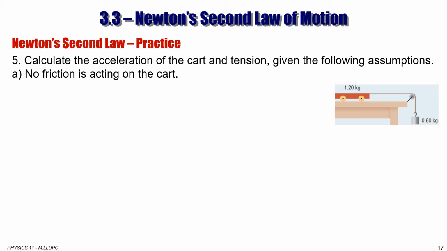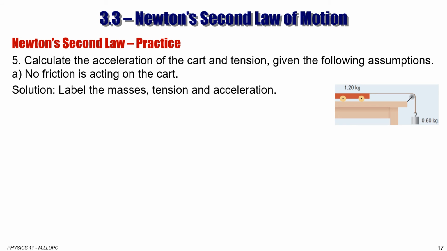Solving a pulley problem is very long and complex, and I want you to pay attention to this one. Pay attention to the steps because they are very important to help you not get confused and not make mistakes. Calculate the acceleration of the cart and the tension on the rope. Given the assumption that there is no friction acting on the cart.